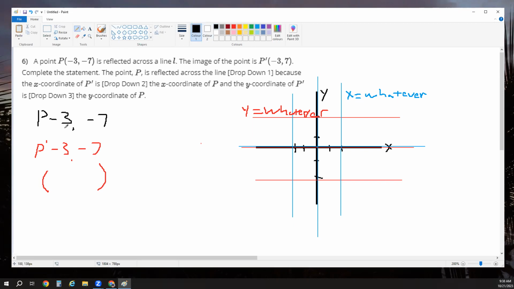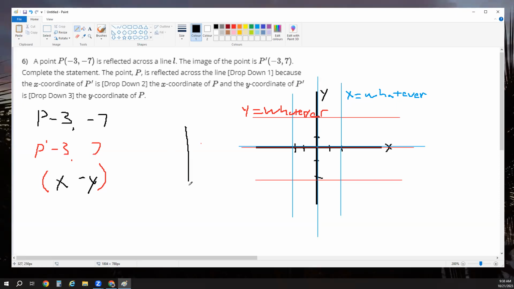X stayed the same. The sign stayed the same. Y value stayed the same, but the sign changed. -y. Okay, so this is a reflection.